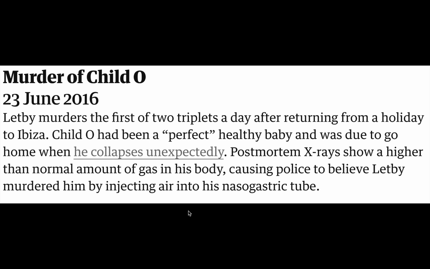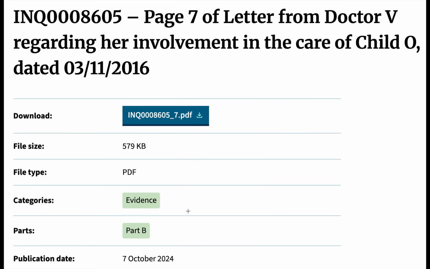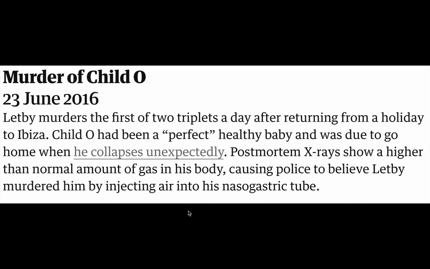But the date of this incident is what's important, which is the 23rd of June 2016. So this is some 4 months and about another week and another few days, approximately 18 weeks before this letter emerges, that Child O passes away.